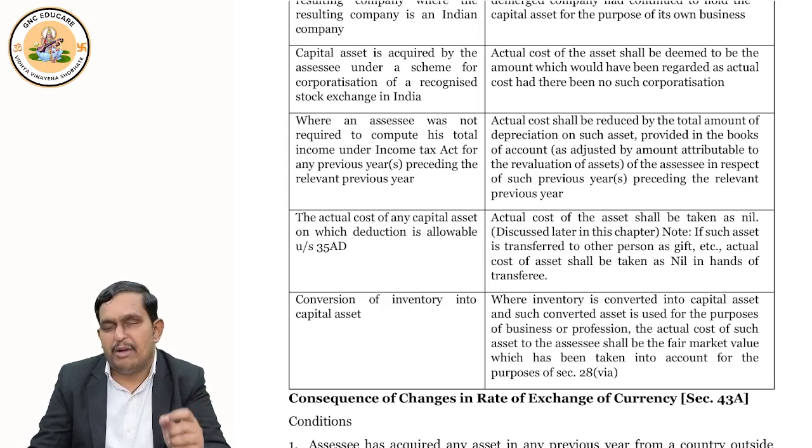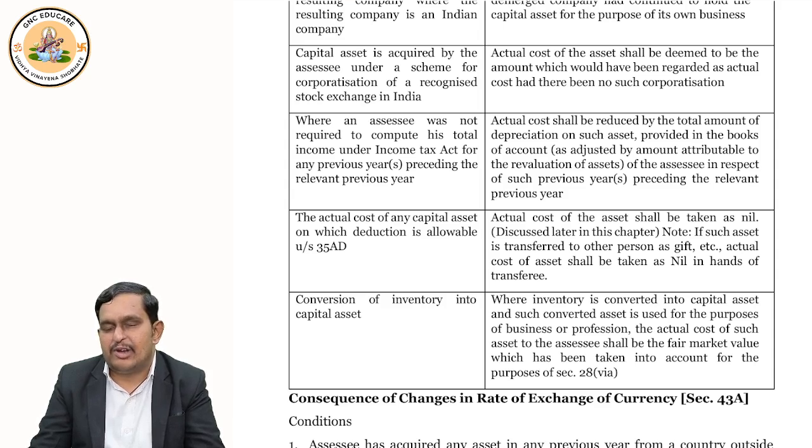For holding company, amalgamation and demerger cases, and even in case of corporatization of a stock exchange, whatever the WDV of the transferor is becomes the cost to the transferee.